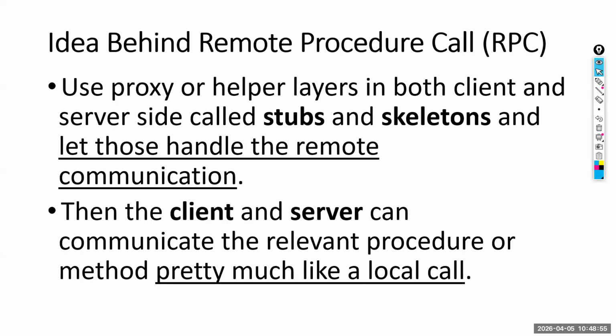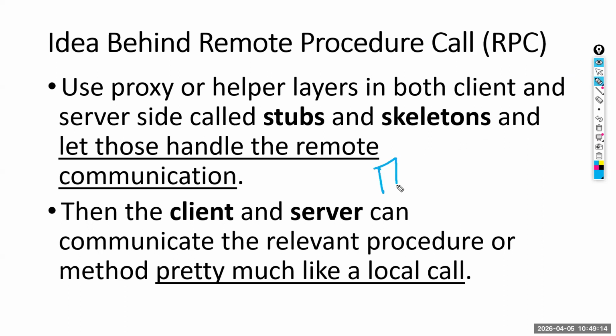Right. As I already mentioned, the idea behind remote procedure call is that a program in one machine calls a program or remote procedure in another machine through the network. So we use a bit of terminology here.